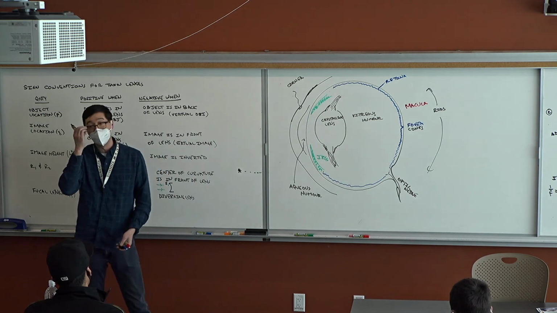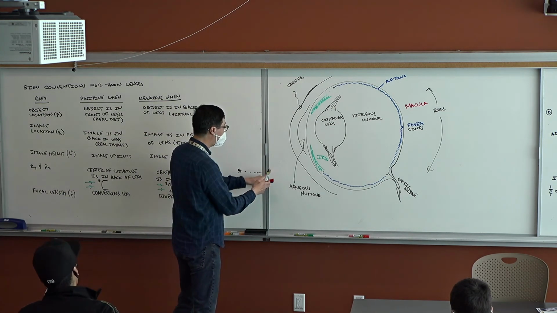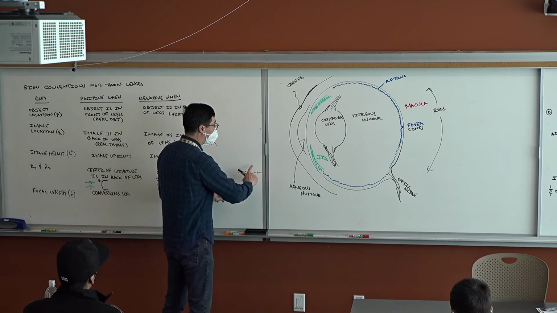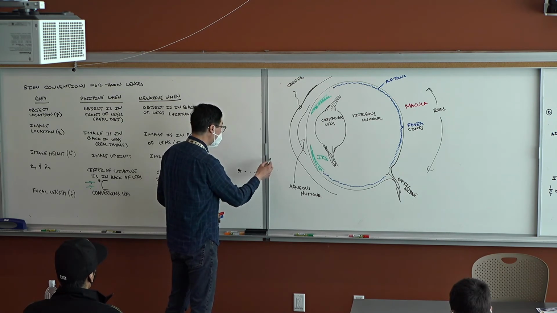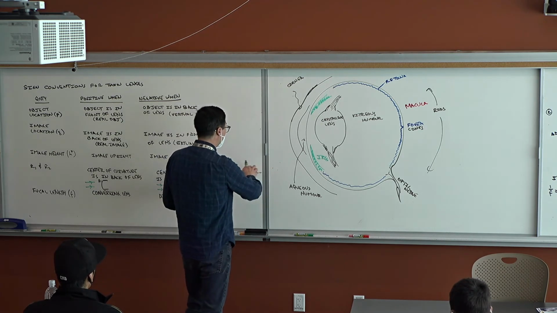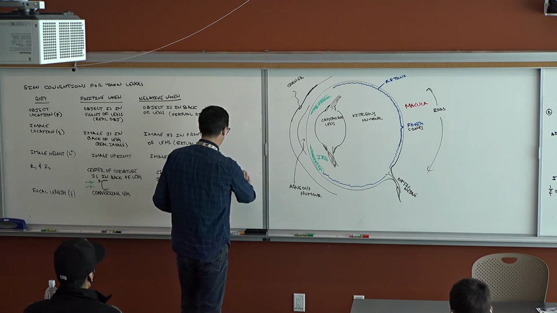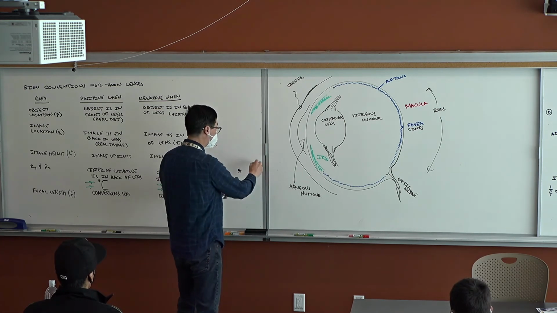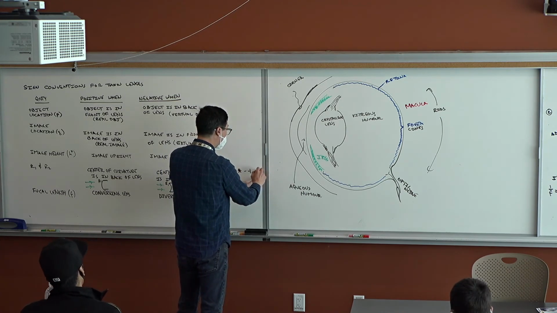One eye has to be closed. Can't do this with both eyes. You'll get to a point where they can't see it, and then all of a sudden they can. I don't have the board space, but they can't see it all of a sudden, and then again they can.